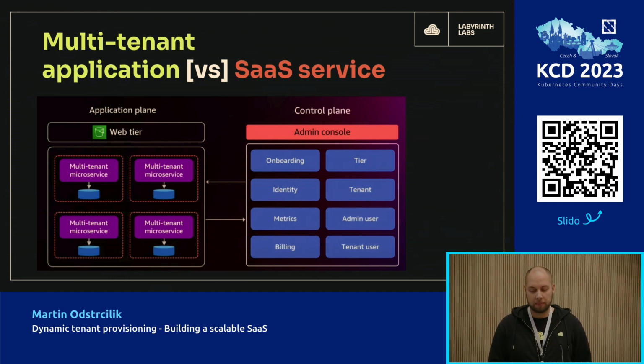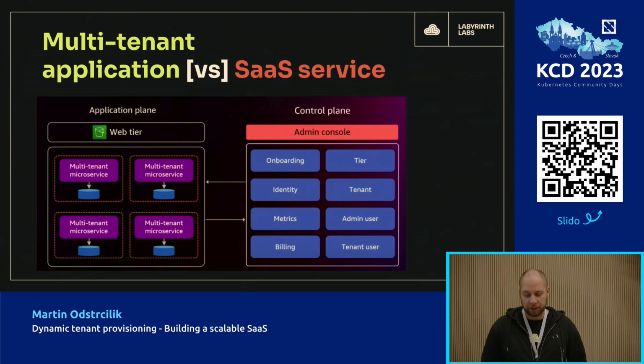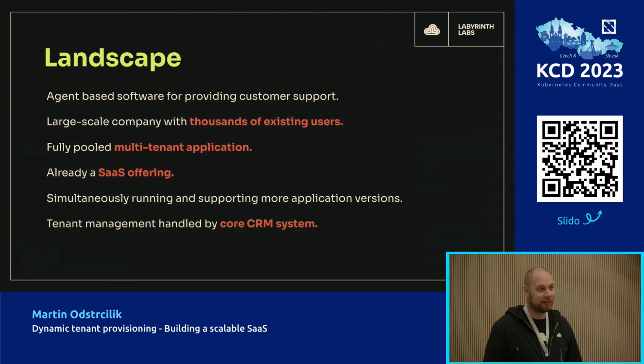For example, by having tenants to have a self-service or to have some meaningful tenant insight for the business. So in order to have that, you will need some kind of control plane to provide you functionality like onboarding and offboarding the tenants, tiering, billing, etc. And we are done with the boring stuff.